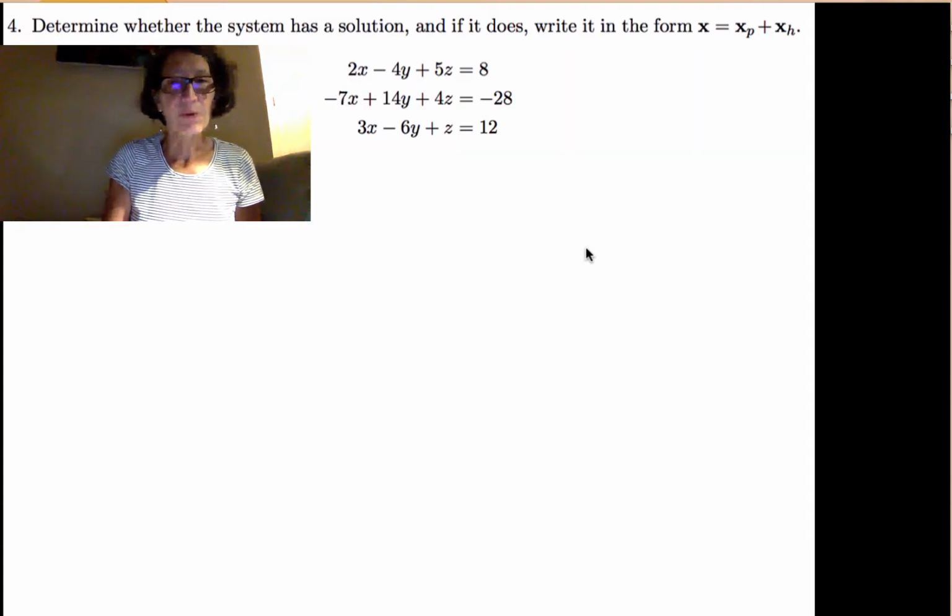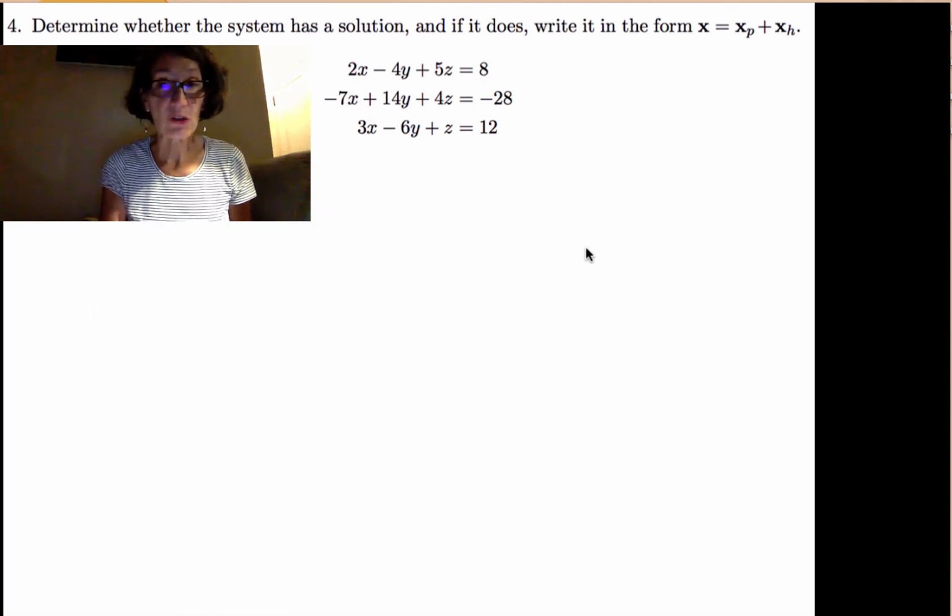So here's problem 4 from a worksheet from class. It says, determine whether the system has a solution, and if it does, write the solution in the form x equals a particular solution to the system plus a solution to the homogeneous system. So we have a non-homogeneous system, and we want to use the theorem we just learned to see if it's consistent.